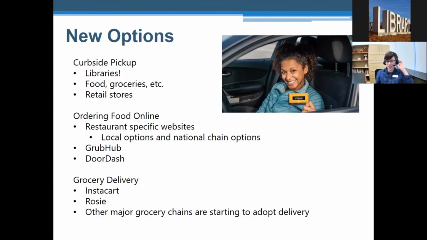I feel like that's kind of like curbside, but also kind of delivery. I think most major grocery chains are adopting that. I've noticed it with Schnucks and Walmart, I think Meijer has it, Target has it. A lot of places nowadays have that kind of stuff.